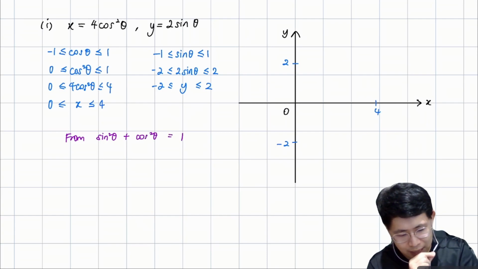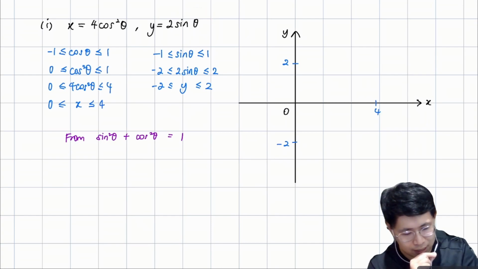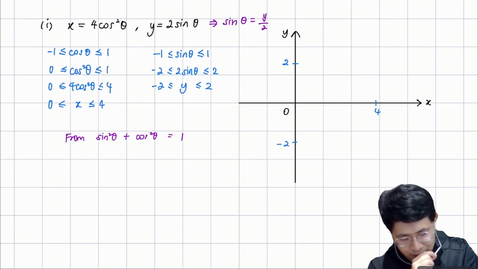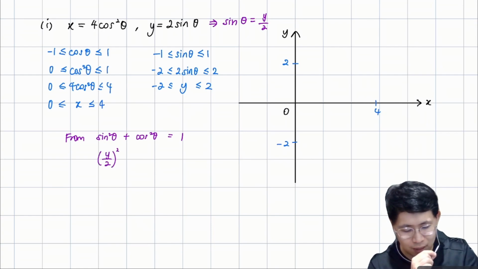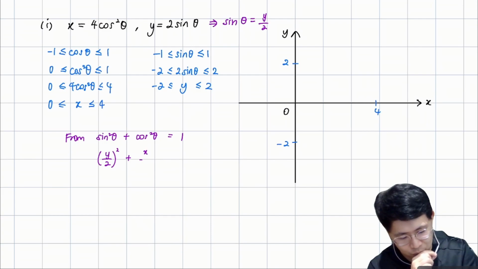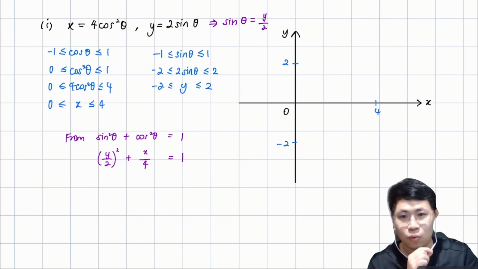Over here, I already have sine theta, which would be y over 2. So sine square theta would be y over 2 squared. Cos square theta would be just x over 4. So plus x over 4 equals 1.